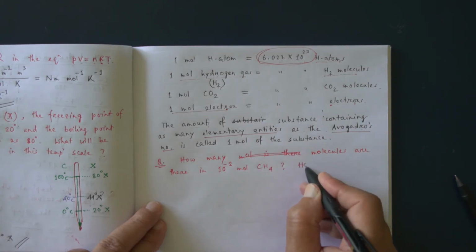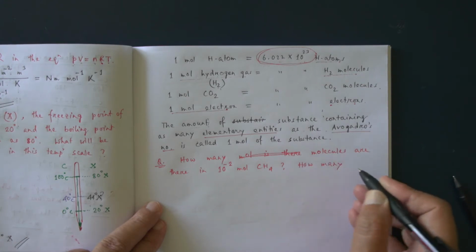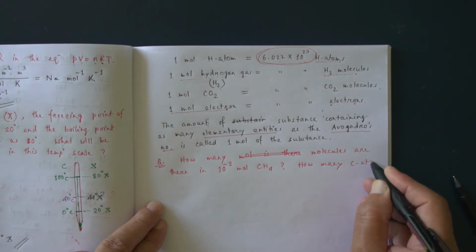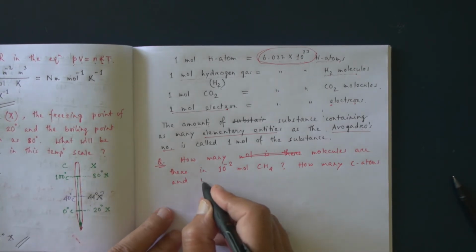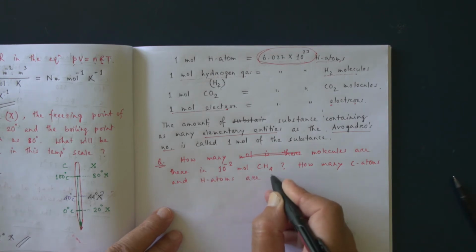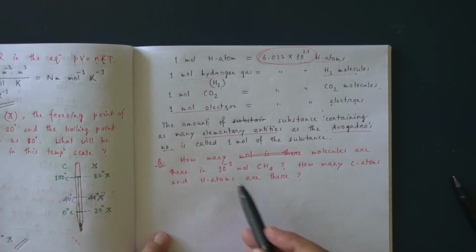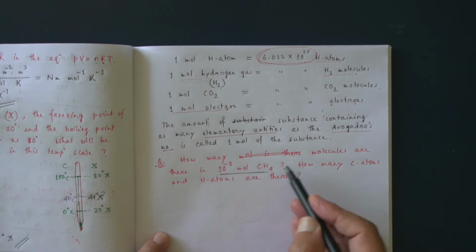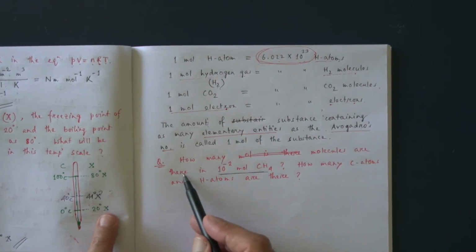How many carbon atoms and how many hydrogen atoms are there? So what has been given? This much mole methane. So the first question is how many molecules are there?